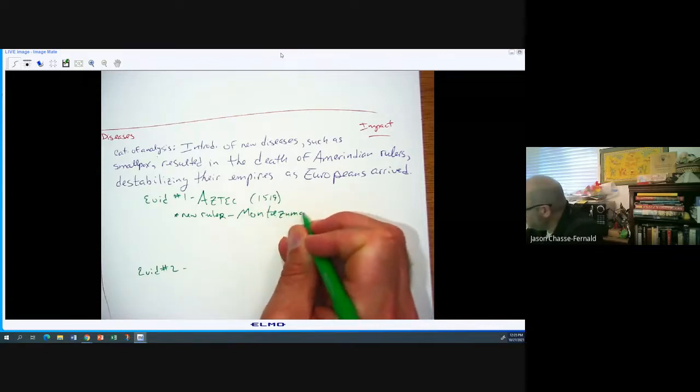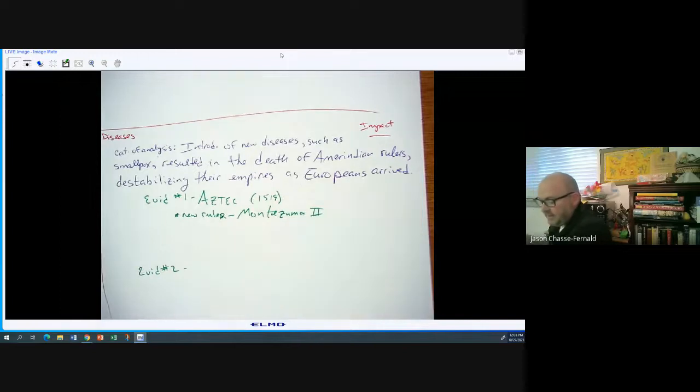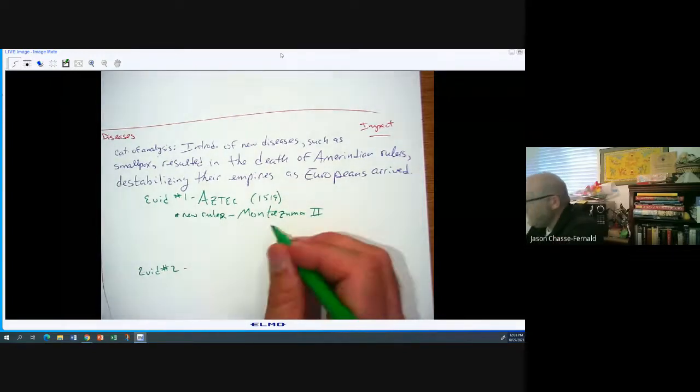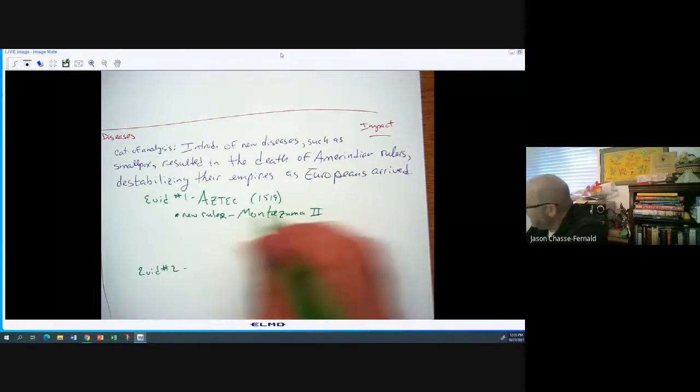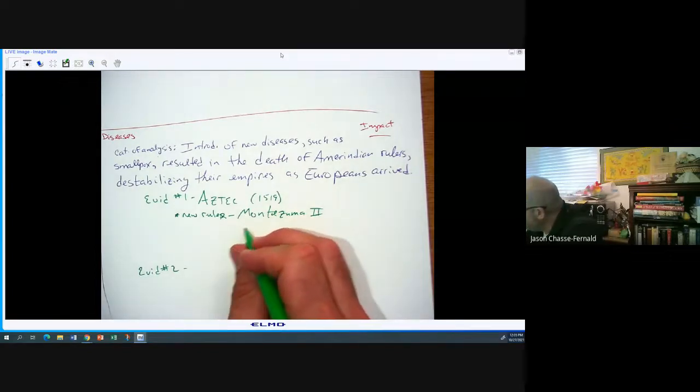The quick part of the story is you have a young ruler who is ruling over an empire.